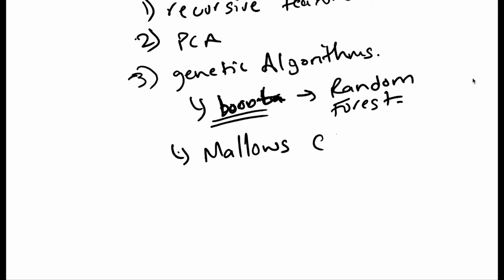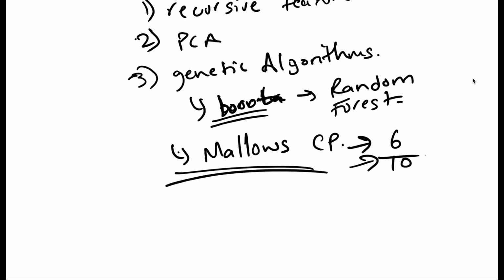Mallows CP. What this would effectively do is try to find the optimal number of variables you should have for modeling. It would give you a number, let's say 6 or 10, based on the variables you have.